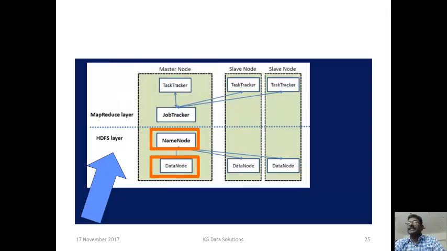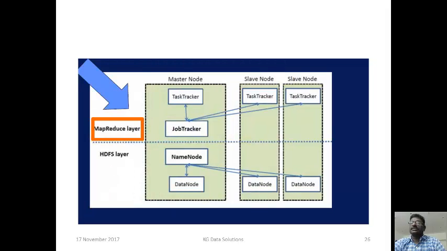Once an application runs, based on the type of application, 3 or 4 task trackers may be started, and the job tracker would be monitoring all those tasks. So that is the MapReduce layer. MapReduce consists of a job tracker and task trackers. The job tracker is the main one which will monitor the task trackers.